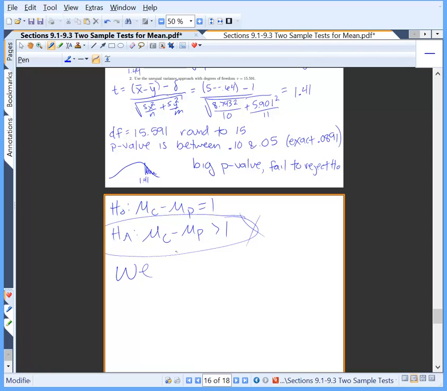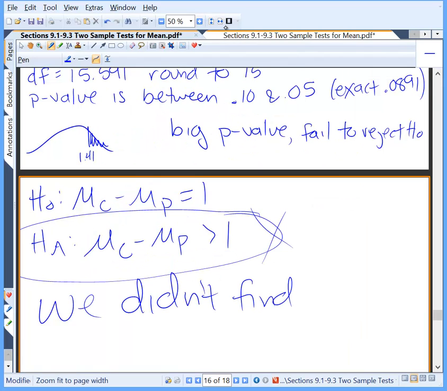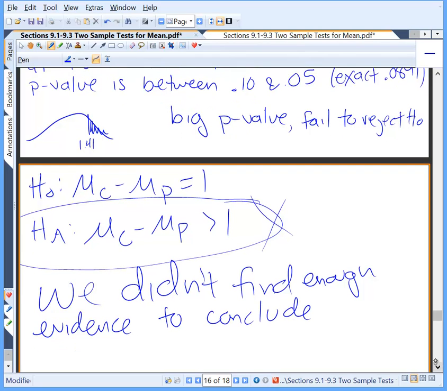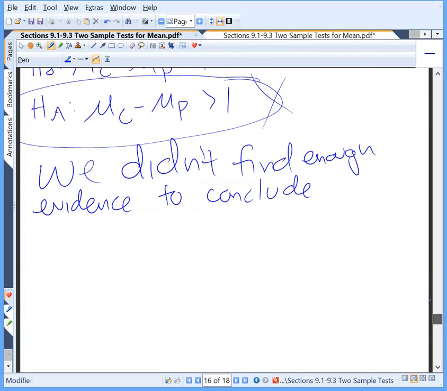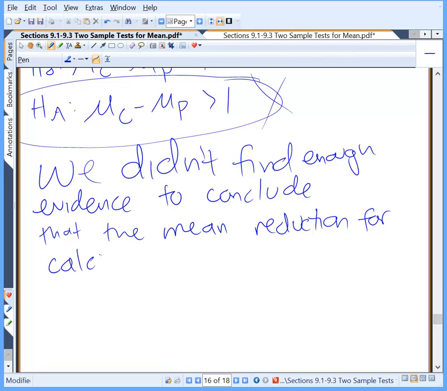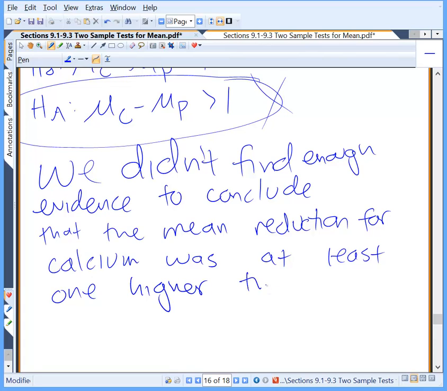So we would say something like, we didn't find enough evidence to conclude that the mean reduction for calcium was at least 1 higher than the mean reduction for the placebo.